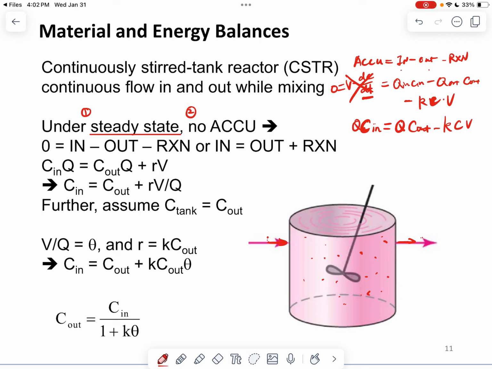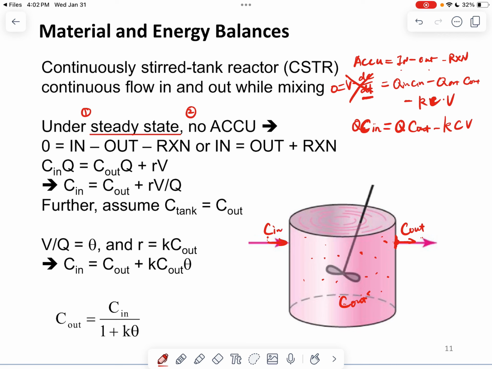So if we assume that, then the concentration at the outlet, C out, is just going to be the concentration inside the tank. Because at the outlet, there are no more reactions, right? The reaction happens in the tank. So the concentration at the outlet is going to be equal to the concentration everywhere in the tank.